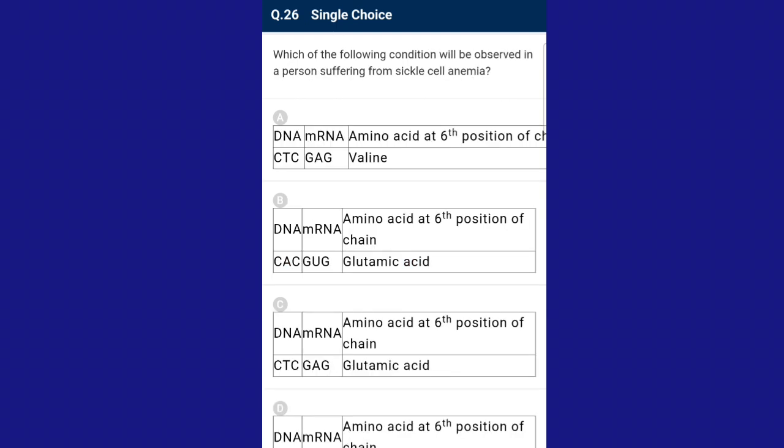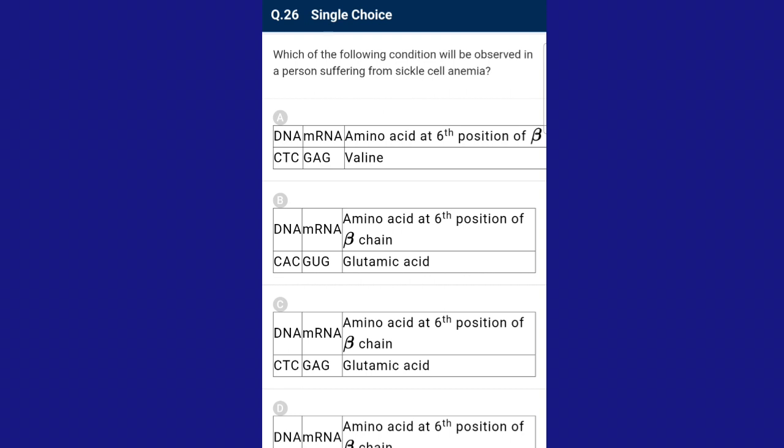Question number 26. Which of the following conditions will be observed in persons suffering from sickle cell anemia? In sickle cell anemia, the codon GUG appears instead of the normal codon GAG. The messenger RNA will contain the codon GUG.